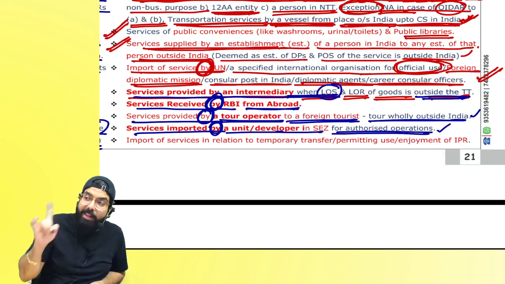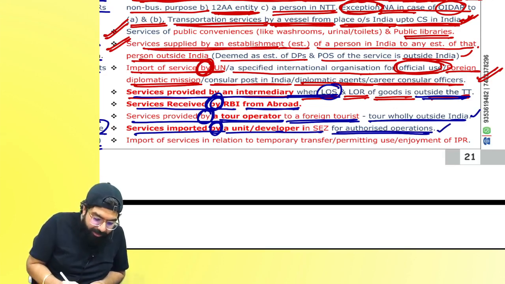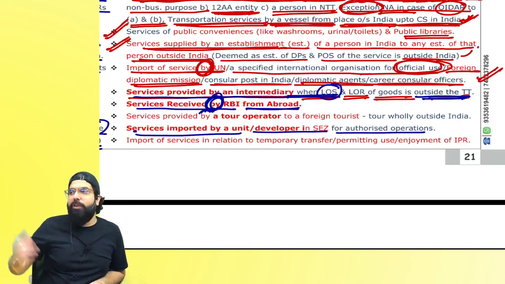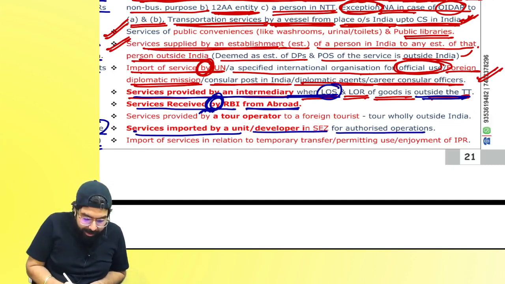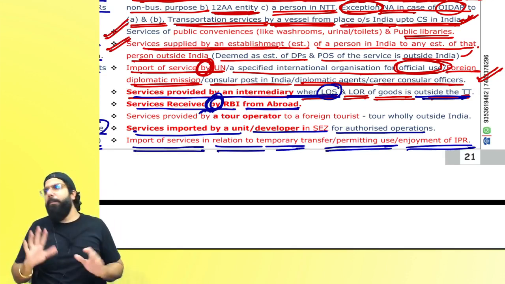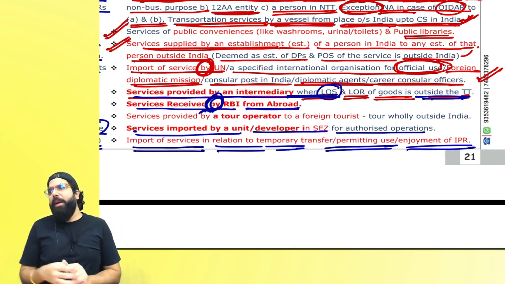Services imported by a unit in SEZ are also exempted. So if an SEZ unit has imported some services, it will also be exempted. Importation of service in relation to temporary transfer or permitting use or enjoyment of IPR has also been exempted under GST.